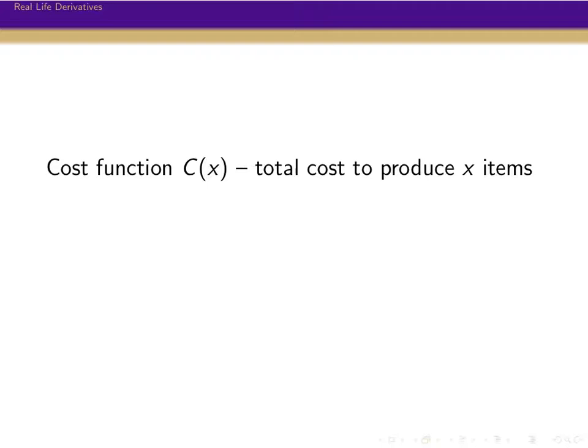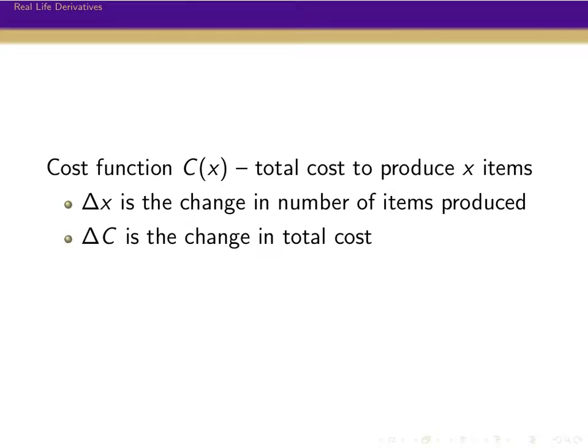Another common place this pops up, especially if you're interested in business, is in the cost function. We've talked about the cost function before. For a company, C of x is going to represent the total cost to produce x items. So in this setting, delta x, the change in x, is going to represent the change in the number of items produced, and delta C is going to be the change in the total cost.